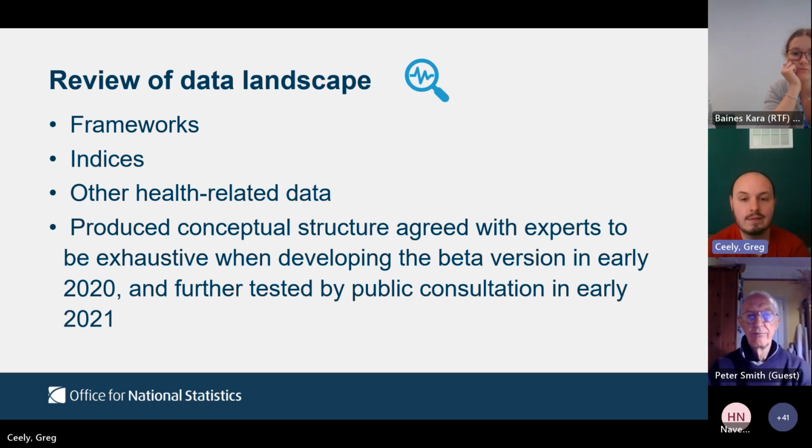We also comprehensively reviewed available health data in general, as we expected there may be emerging sources which had not yet had opportunity to be used in these frameworks. And again, ONS was well placed to be conducting this data review, as we have tools both existing and in development, such as the Health and Care Data Landscape tool, to understand exactly which data, official and otherwise, are available for many of the concepts of health we were considering.